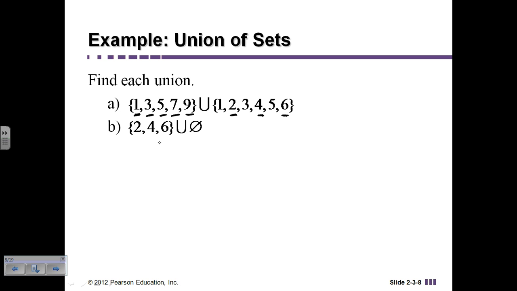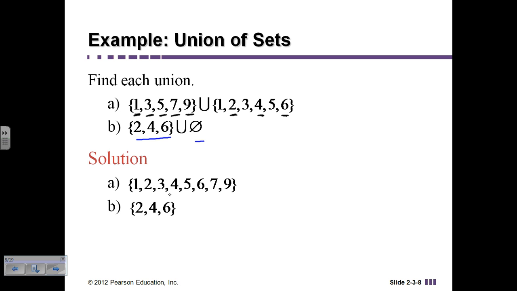In the second example, the union would be all of the numbers in the first set plus the null set. But there are no numbers in the null set, so our answer would be just the numbers 2, 4, and 6. So again, here's our answer: the union of the first sets is 1, 2, 3, 4, 5, 6, 7, and 9, and the union of the second sets is 2, 4, and 6.